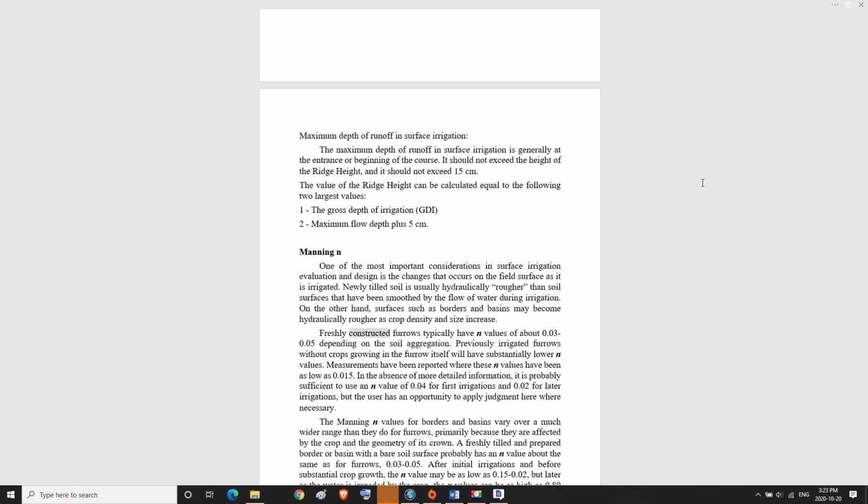Freshly constructed furrows typically have N values of about 0.03 to 0.05 depending on the soil aggregation. Previously irrigated furrows without crops growing in the furrow itself will have substantially lower N values. Measurements have been reported where these N values have been as low as 0.015.